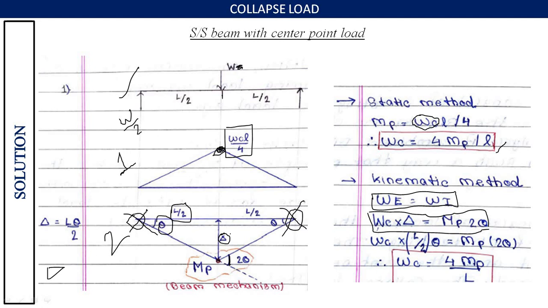You can consider from the right side or left side, and as it is symmetrical, you can consider either. So the deflection will be L theta by 2. I put the value of deflection as L theta by 2 and solve this equation. You will have the collapse load as per the kinematic method as 4 MP by L.